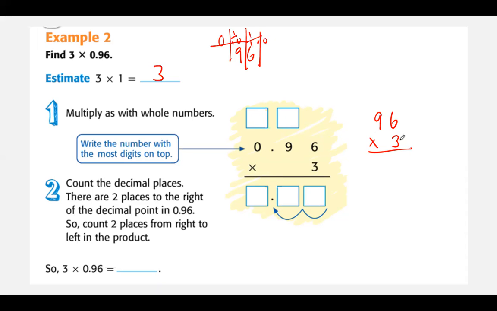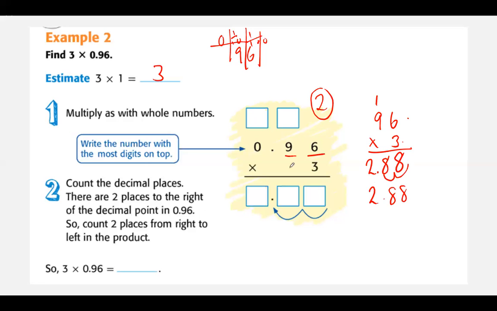So let's try 3 times 6 is 18. 3 times 9 is 27 plus 1 is 28. Oh, what did I forget to do? I forgot to count how many numbers to the right of, or behind, my decimal point. I had 2. Okay, so now I want to put my decimal point back in. I go 1, 2.